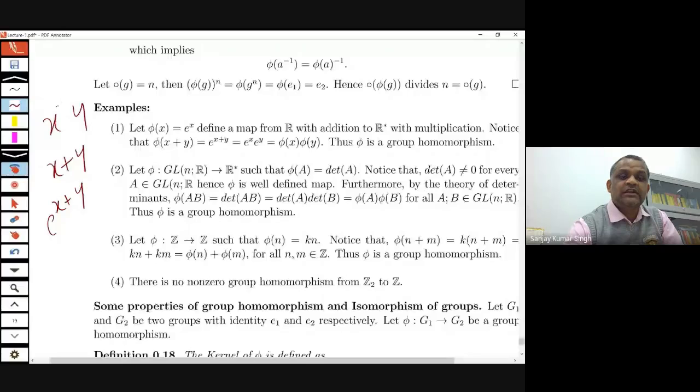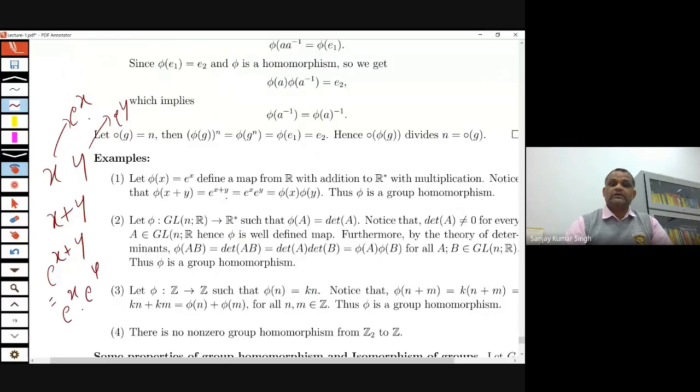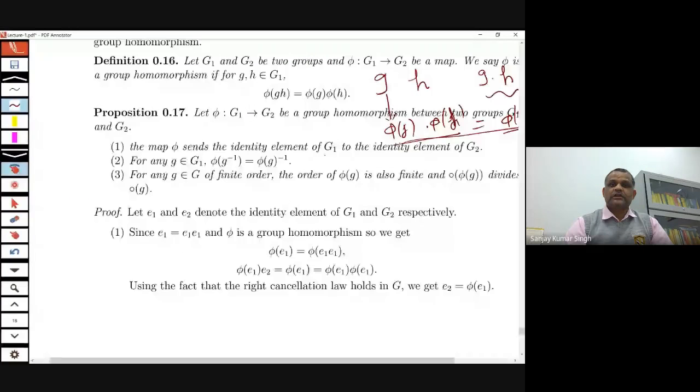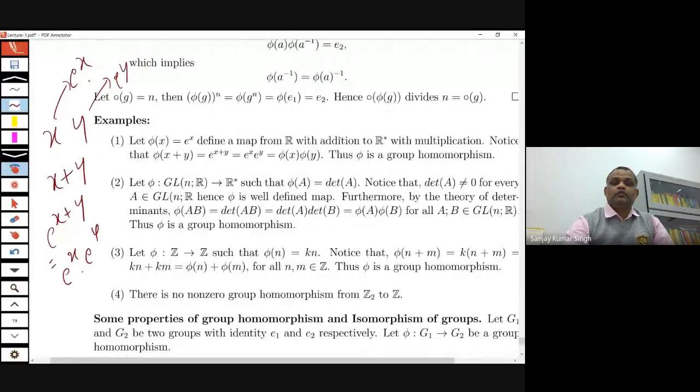If I take the image of x, it is e to the x, and of y, e to the y. If I multiply them, I get e to the x times e to the y, which is the same as this. So this satisfies the group homomorphism property, that for any g, h, phi(gh) equals phi(g) phi(h). Hence this map is an example of a group homomorphism.